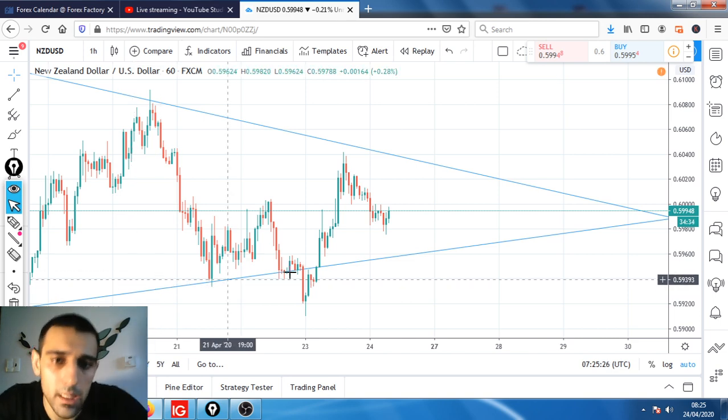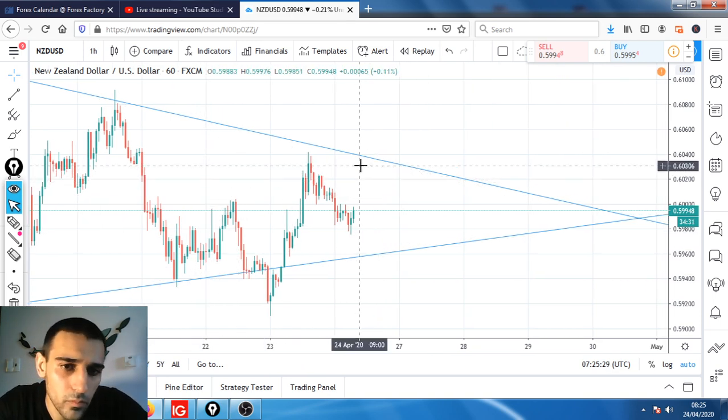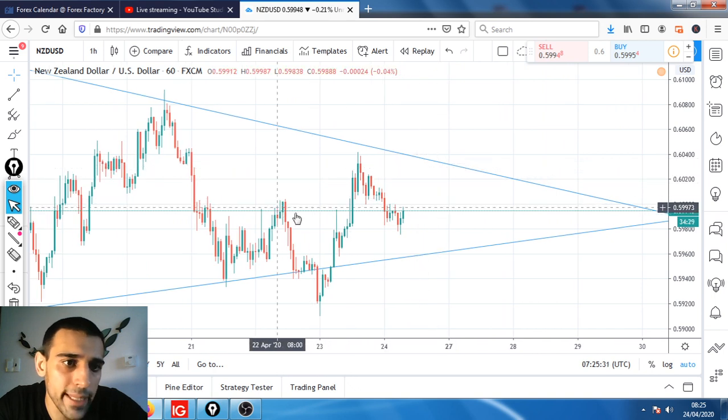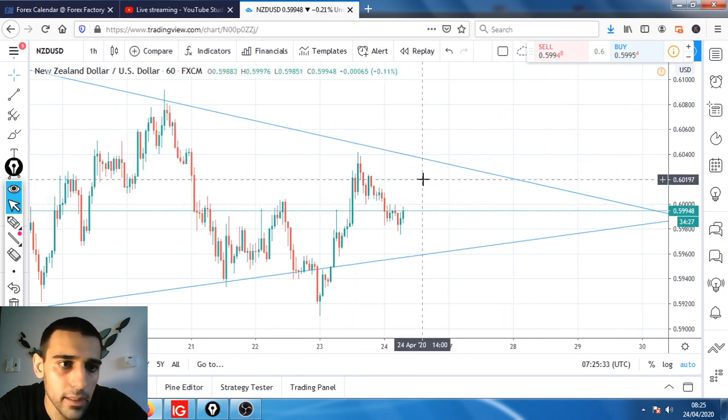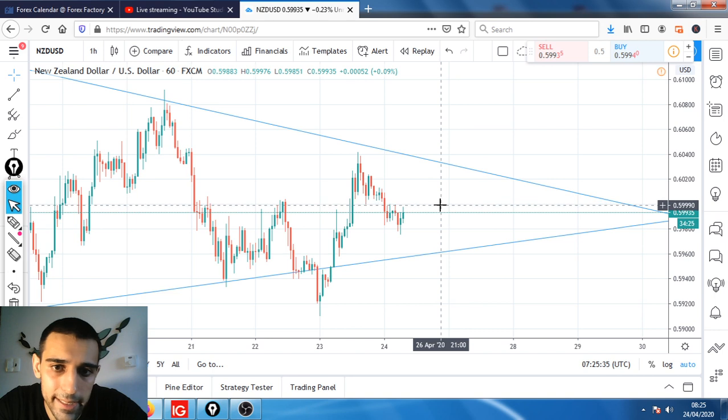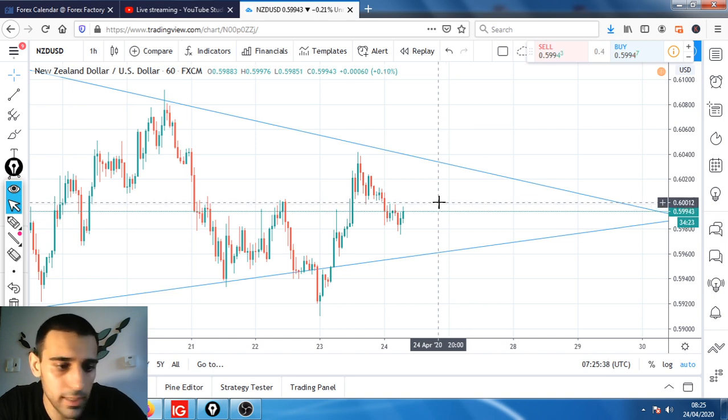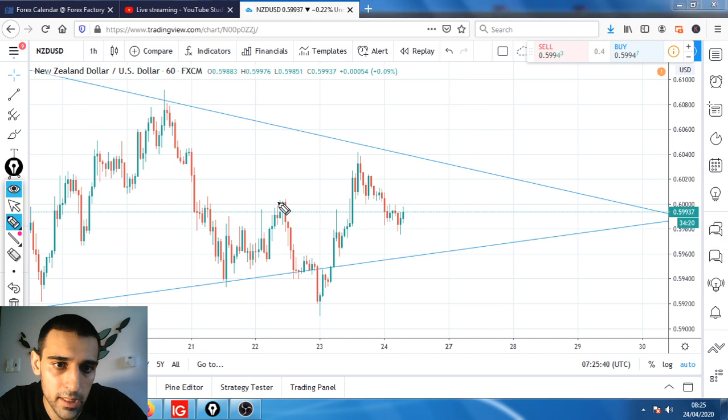Okay, in this particular occasion, I think I'd rather wait and see. Ideally I want to see a break of this zone here.